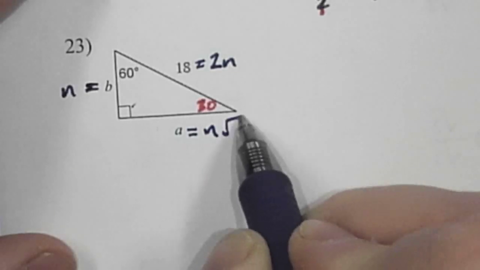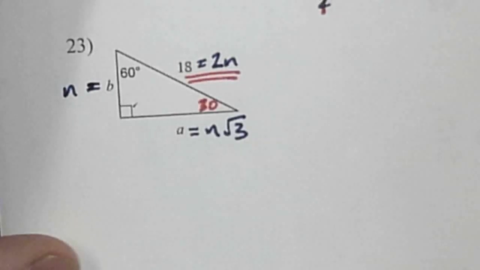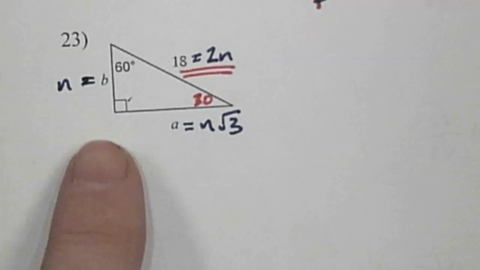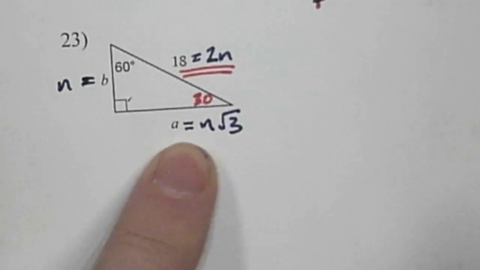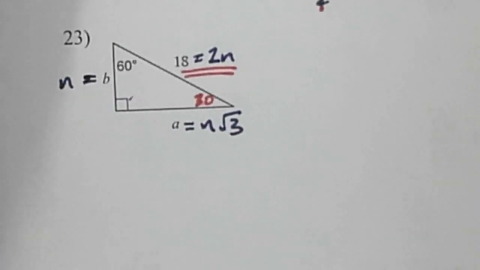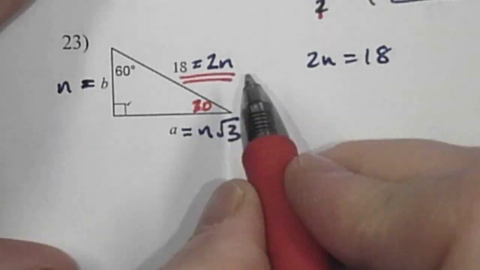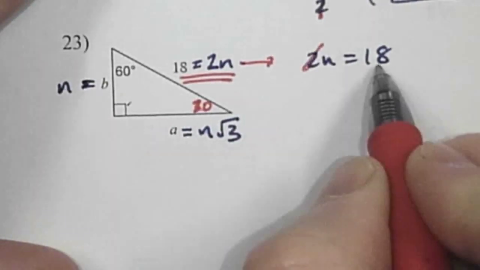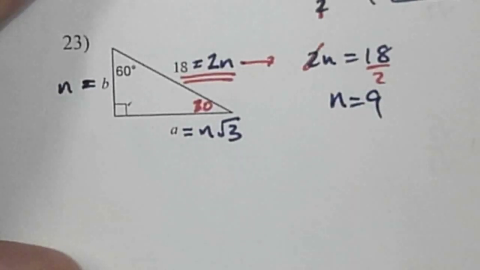That means the last one is n square root 3. And again, this is the only one with a single variable. This has n and b, this has a and n. 2 variables each. I need the one with a single variable. So 2n equals 18. From here, we're going to divide by 2. So n is 9.